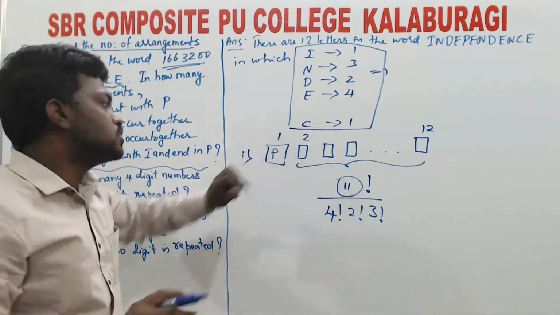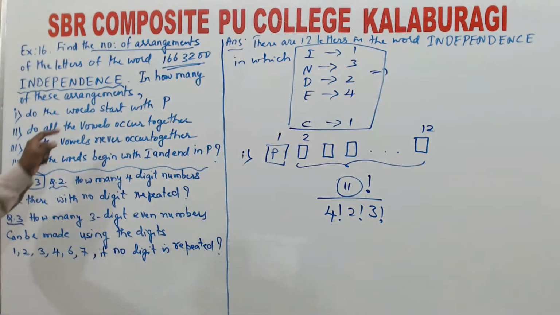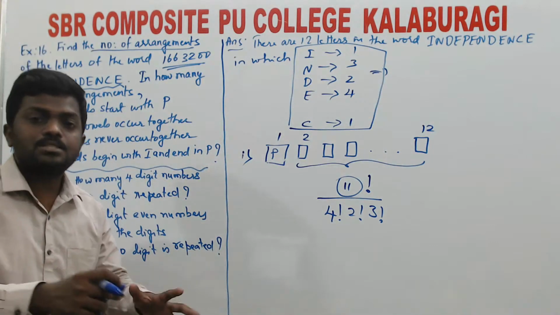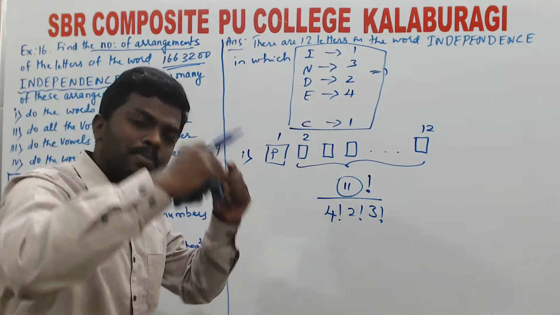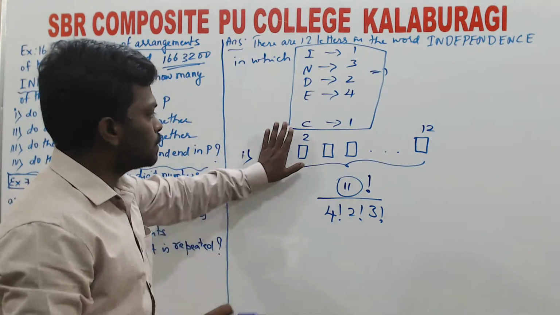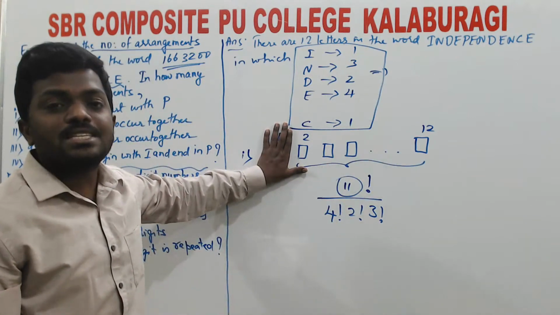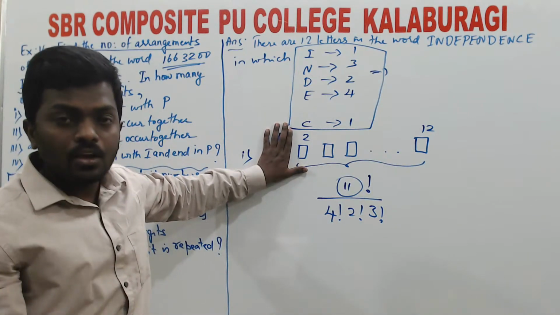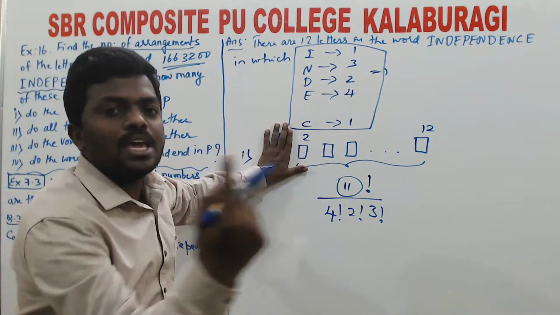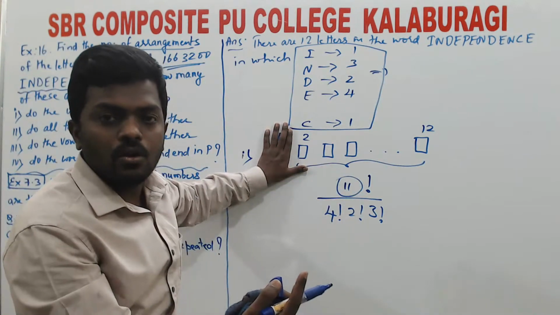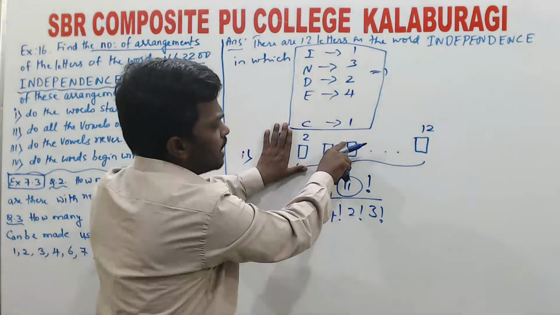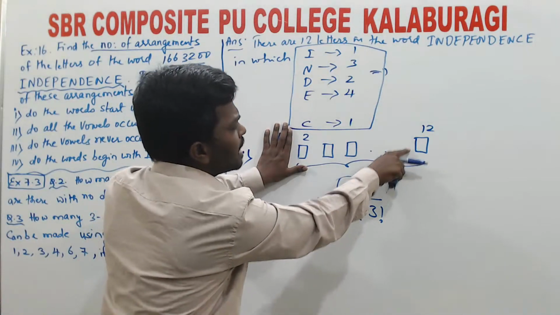Is that clear? The first condition is the word should start with P, which means you have to fill the first box by P compulsorily, right? So P is filled now. How many empty boxes are still remaining? 11. Those 11 you can arrange among themselves. You can move this to this side and then pick anyone this side.